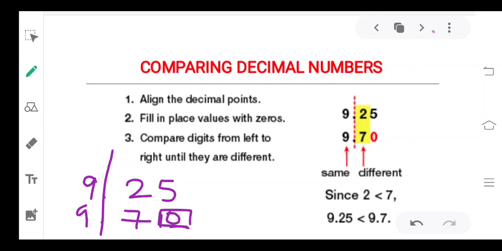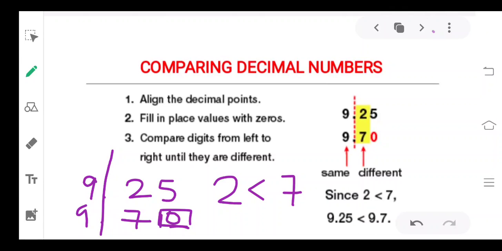Compare digits from left to right until they are different. You can see here the whole numbers are completely the same, so we go left to right. First we compare 2 and 7. So 7 is greater than 2. So we can say that 9.7 is greater than 9.25.